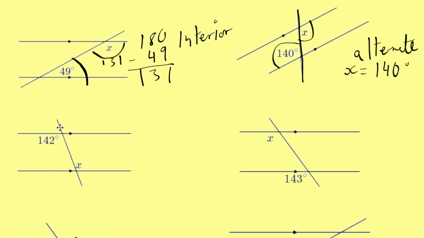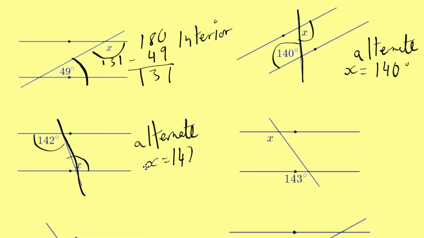Down here, here's our line going through. And we've got an angle on this side and an angle on this side. So again, we've got alternate. And x is going to equal 142. Okay, because they're alternate angles and alternate angles are the same.